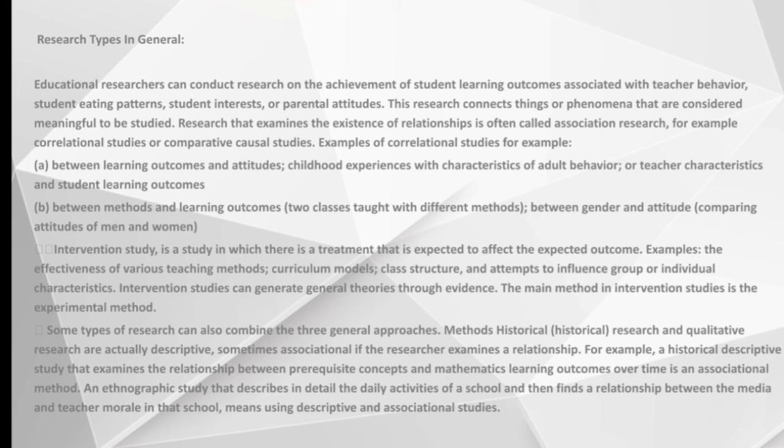For example, a historical descriptive study that examines the relationships between prerequisites, concepts, and mathematics learning outcomes over time uses an associational method. An ethnographic study that describes in detail the daily activities of a school and then finds a relationship between the media and teacher morale in that school means using descriptive and associational studies.